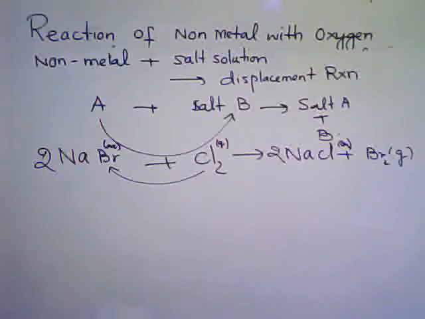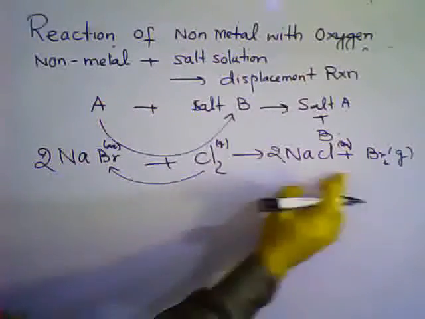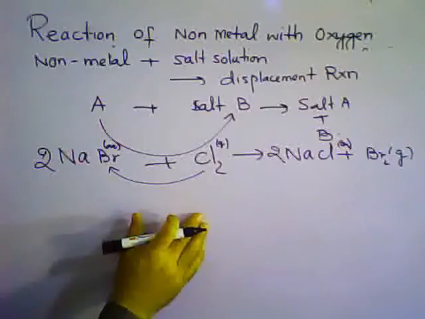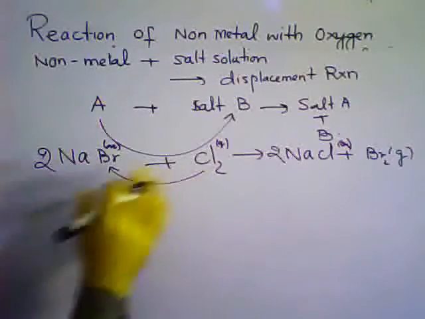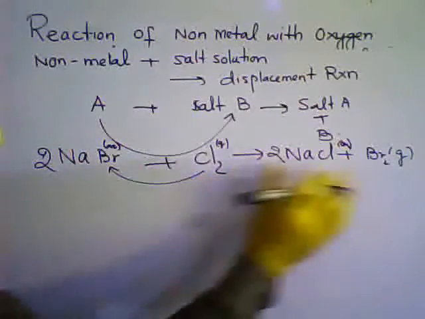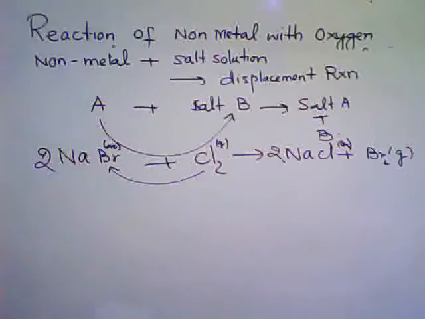If we reverse this reaction, the reversal is not possible. Say if we try to react bromine with chlorine, the reaction will not occur. Why? Because chlorine is more reactive than bromine and is displacing bromine, so the reaction occurs in this direction. So reversal of this reaction is not possible.